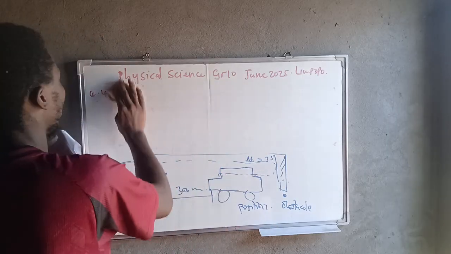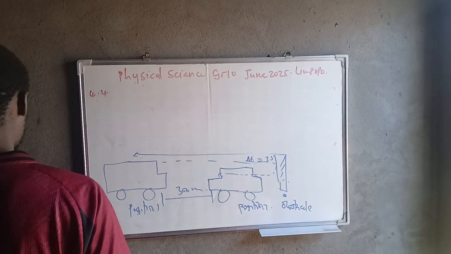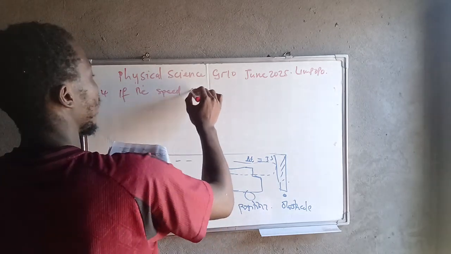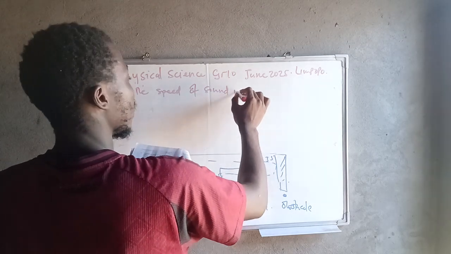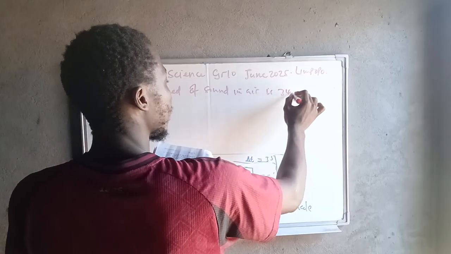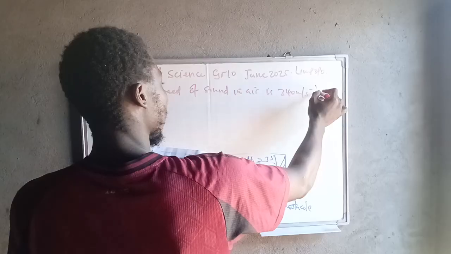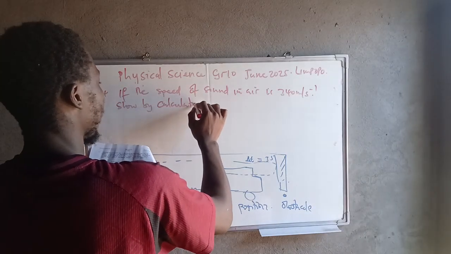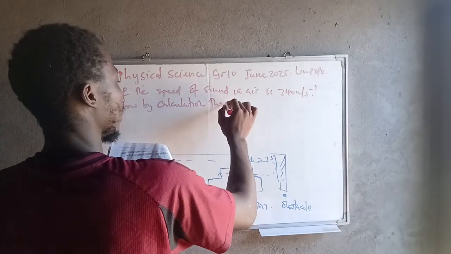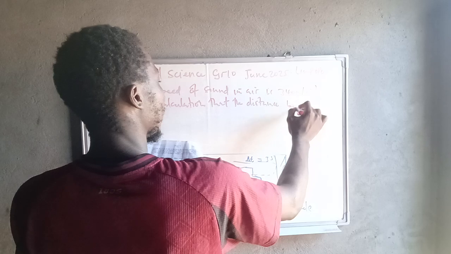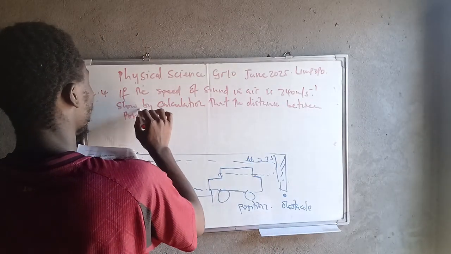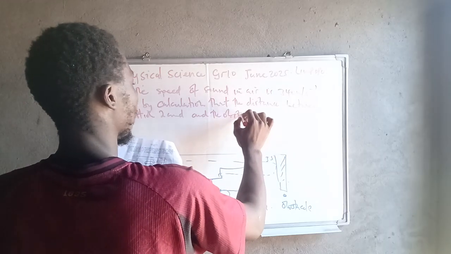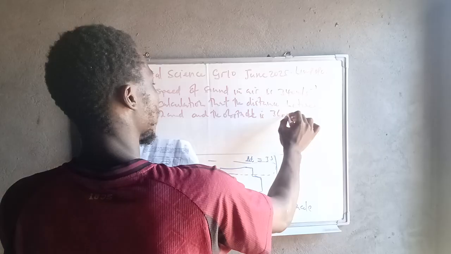The question goes on to say, if the speed of sound in air is 340 meters per second, show by calculation that the distance between position 2 and the obstacle is 360 meters.